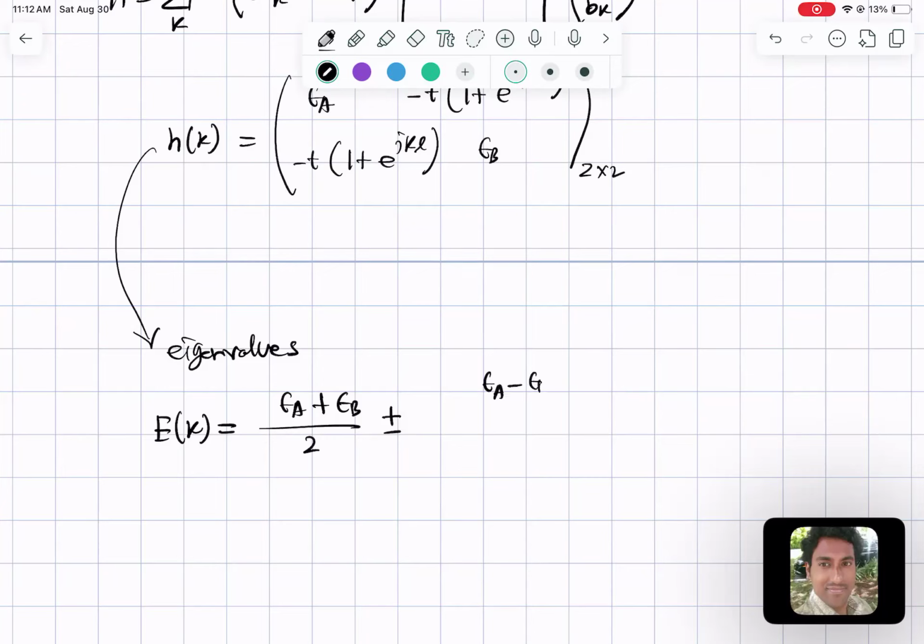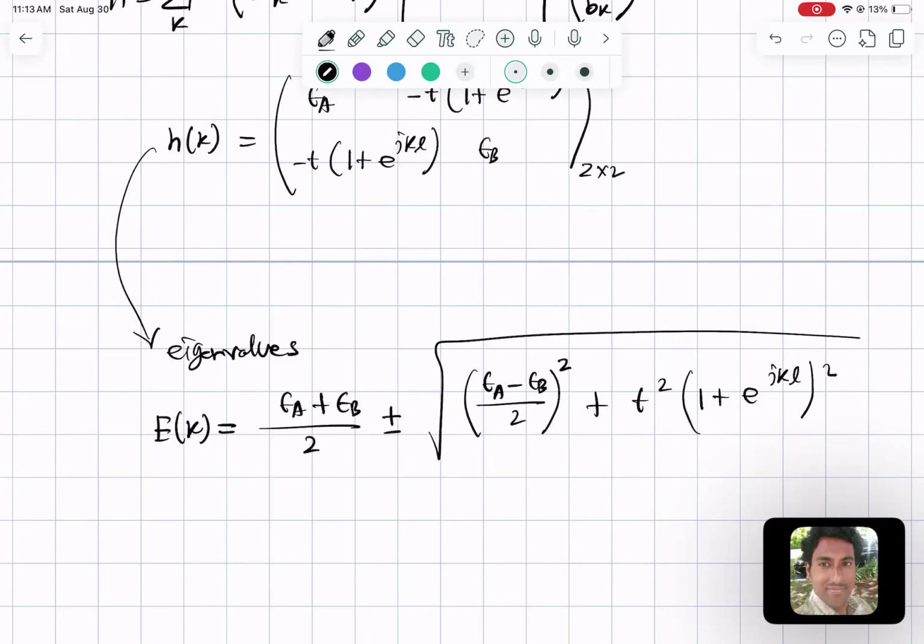E_A minus E_B by 2, whole squared, plus T squared times 1 plus e to the power ikL, whole square, and a square root.